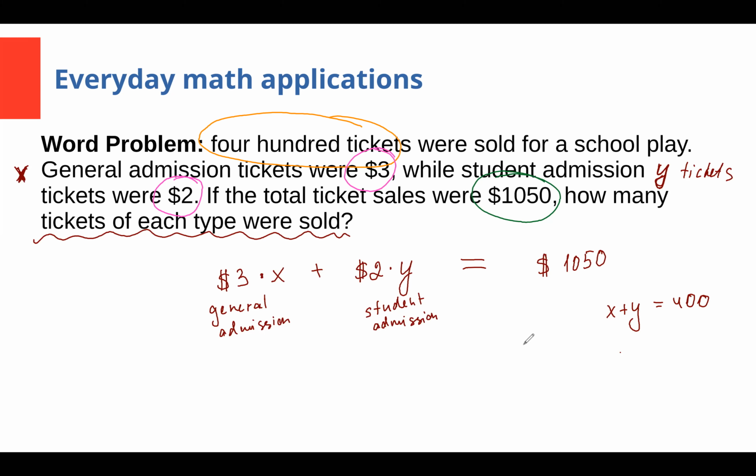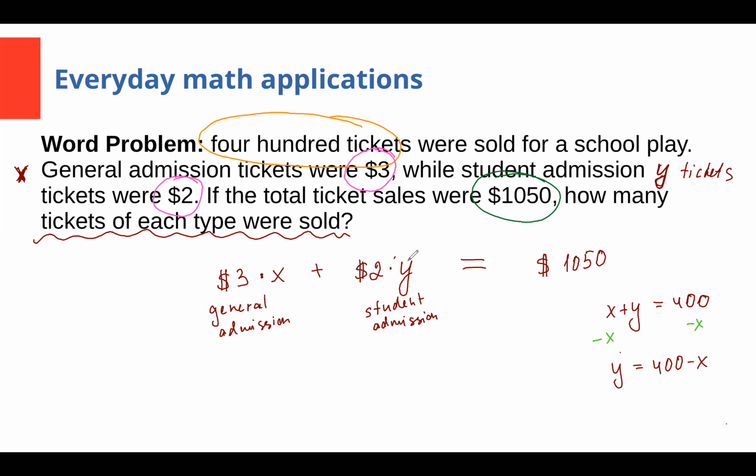I could use this information to get rid of Y here, right? So if I subtract X from both sides, we'll get that Y is equal to 400 minus X.